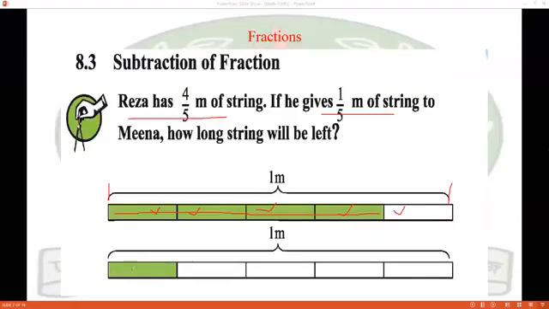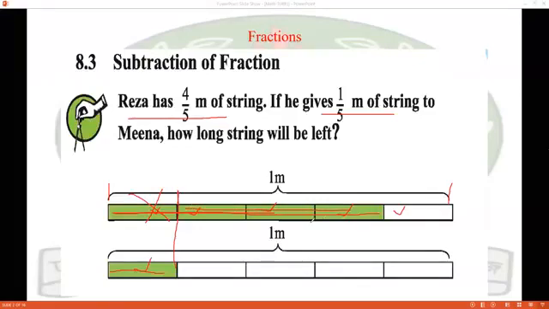This is the colored part he gave Mina. How long will his string be left? From the physical thinking we see that he has 4 parts, but he gives 1 part to Mina, so he remains with 3 parts.